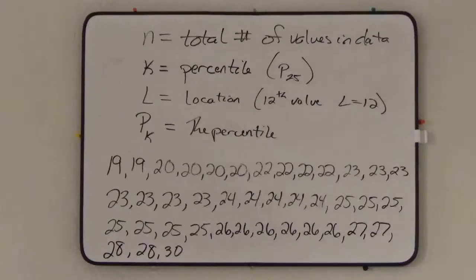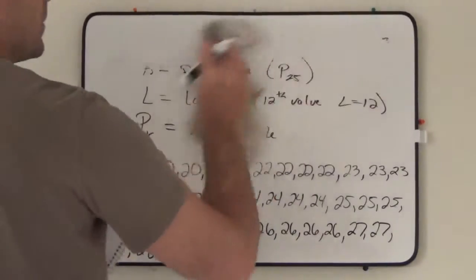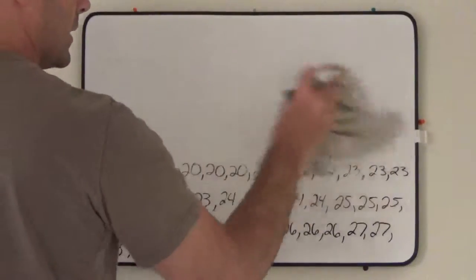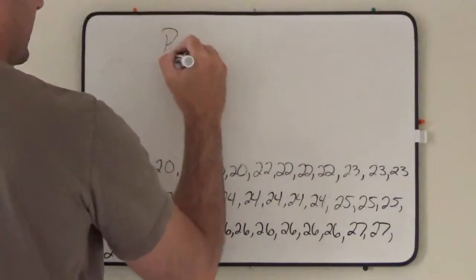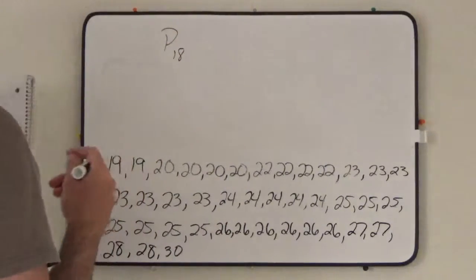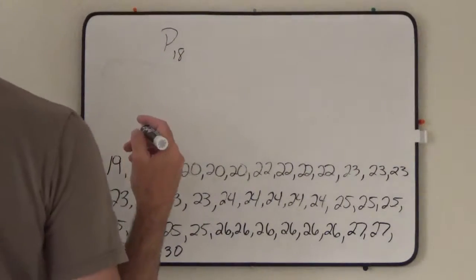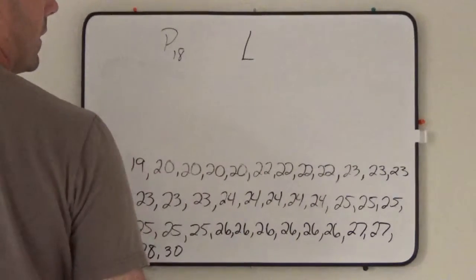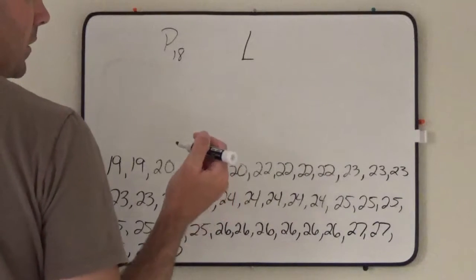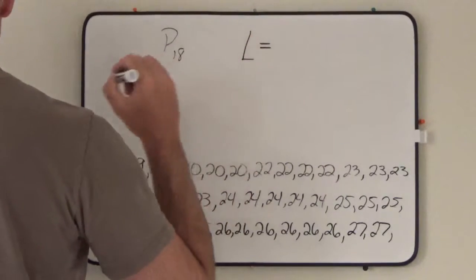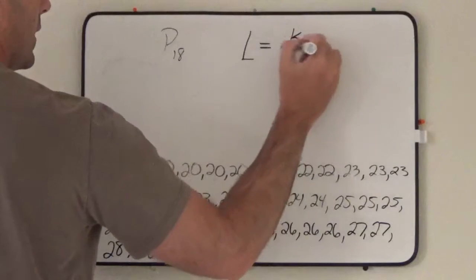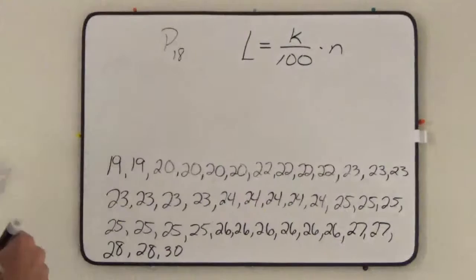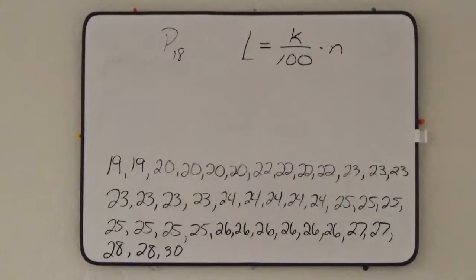Now, let's say we want to find what number represents the 18th percentile. So what we're going to do here, that's P18. Alright? There's a formula for helping us find a percentile. That is the number of numbers over, or the location, L, is equal to k divided by 100 times n, n being the total number of numbers in the data.